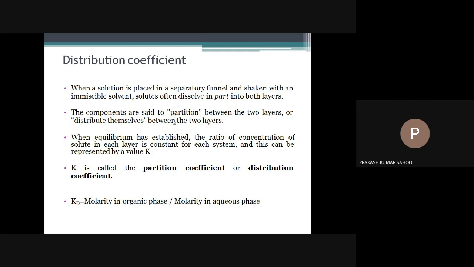So there is a phase rule, that is F equals C minus P plus 2, where F is the degree of freedom, otherwise known as variance, P is the number of phases, and C is the number of components. There is a standard rule, phase equilibrium.